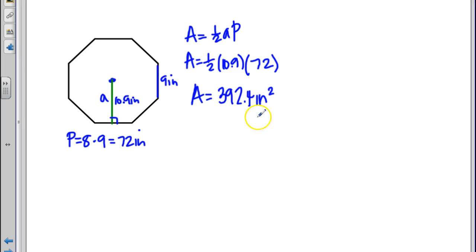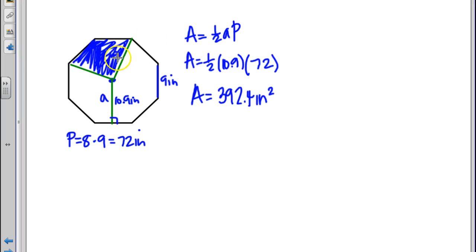Okay, let's say from here that they just want to know this region right here. What's the area of the shaded region? Well, we know the area of the entire thing, so a couple of ways to do this.